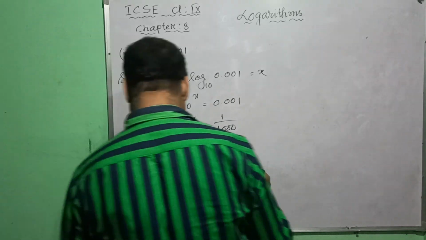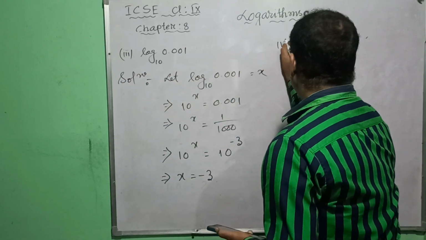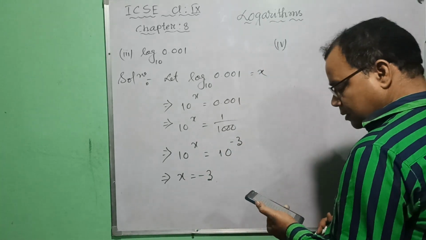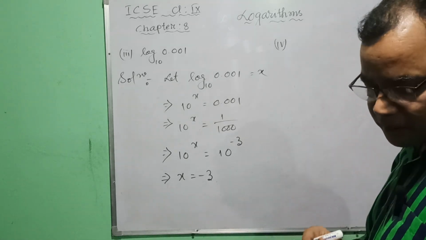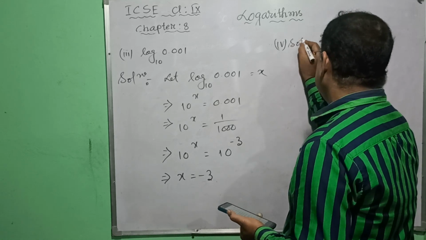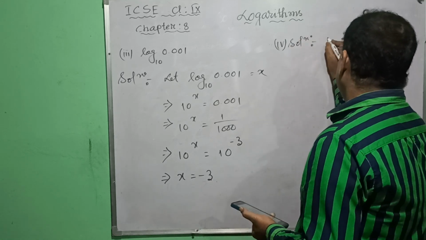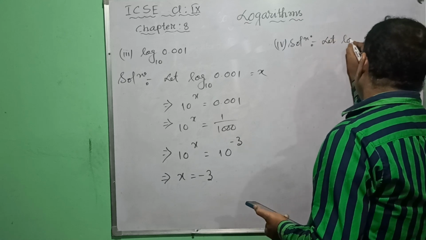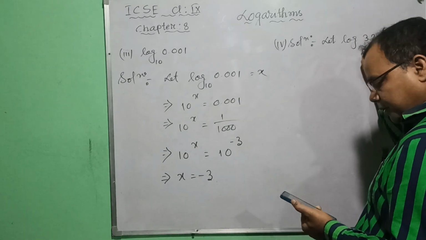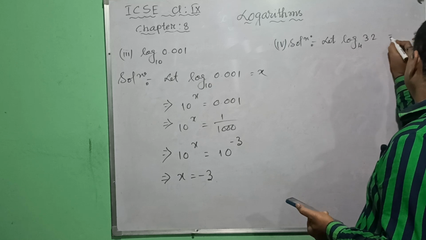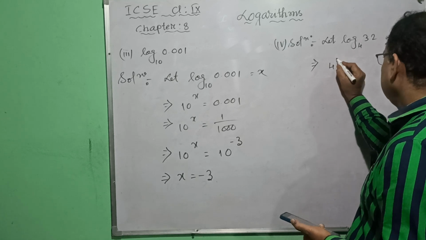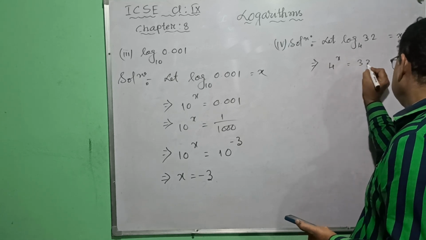In number 4, it is given log 32 to the base 4. So directly, after writing the solution, let the logarithm of 32 at base 4 equal x. This implies 4 to the power x equal to 32.